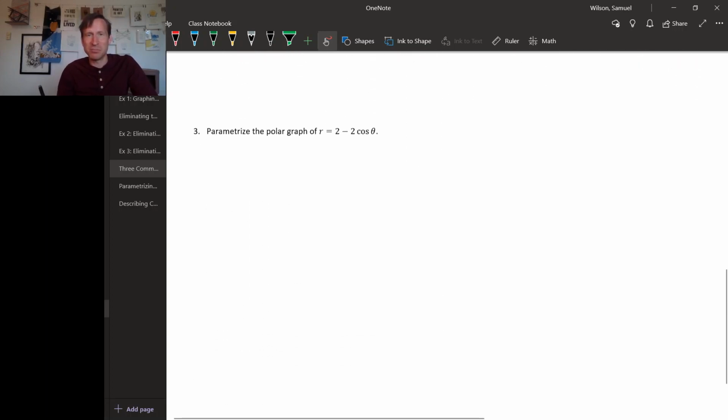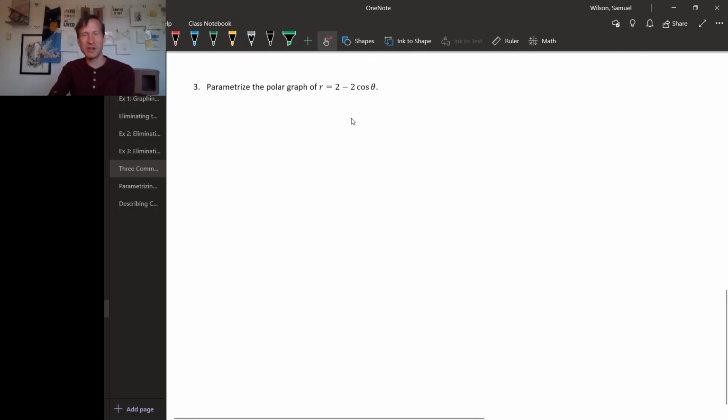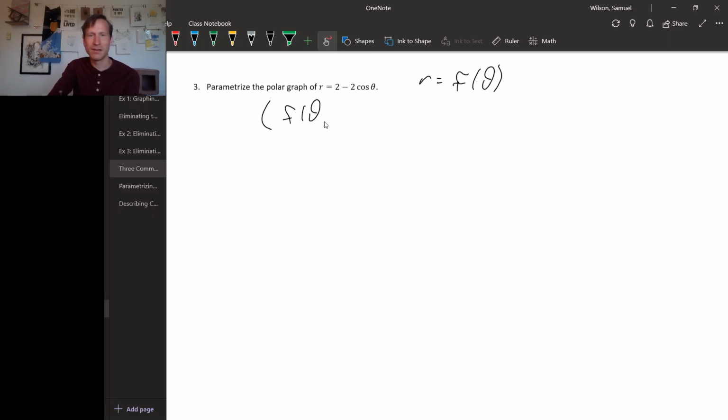All right, the third example of a common parameterization is what if you want to parameterize a polar graph? So remember, in general we could write r equals f of theta. In general, a polar graph looks like f of theta, comma theta, and this is in polar coordinates.